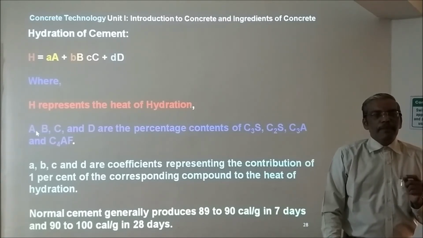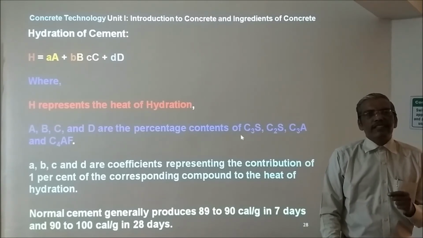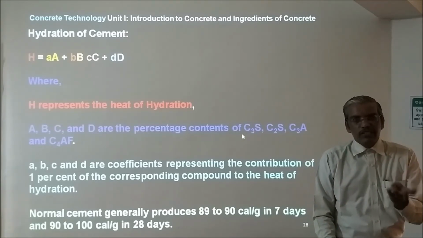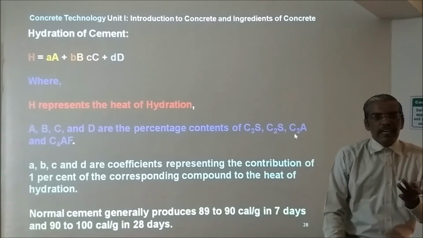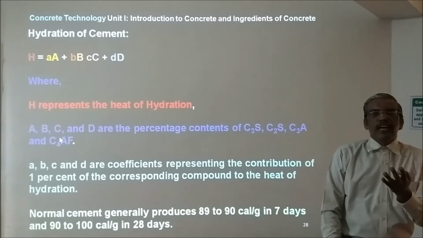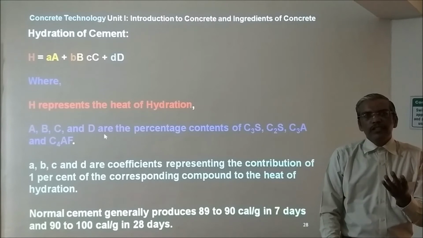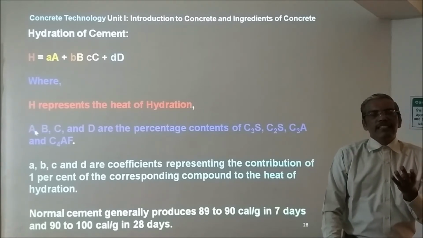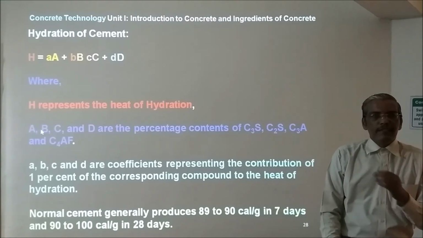Then the capital A, B, C, D are the percentage contents of C3S, C2S, C3A and C4AF. These are the four major Bogue compounds. The percentage content is given by capital A, B, C, D.